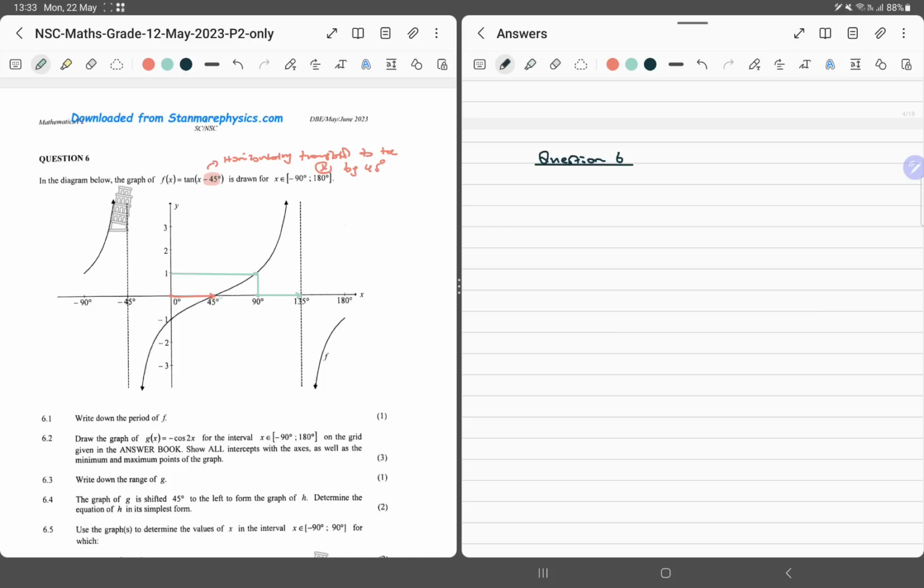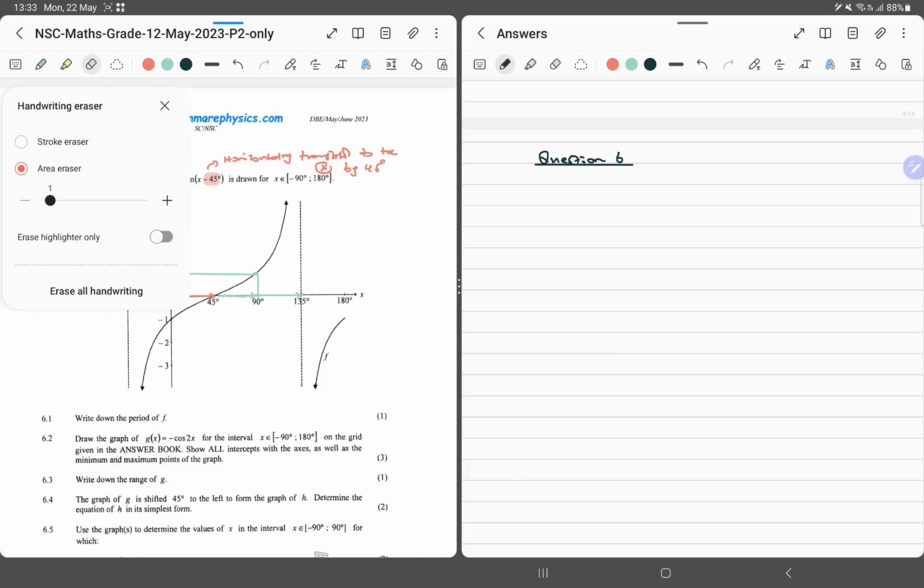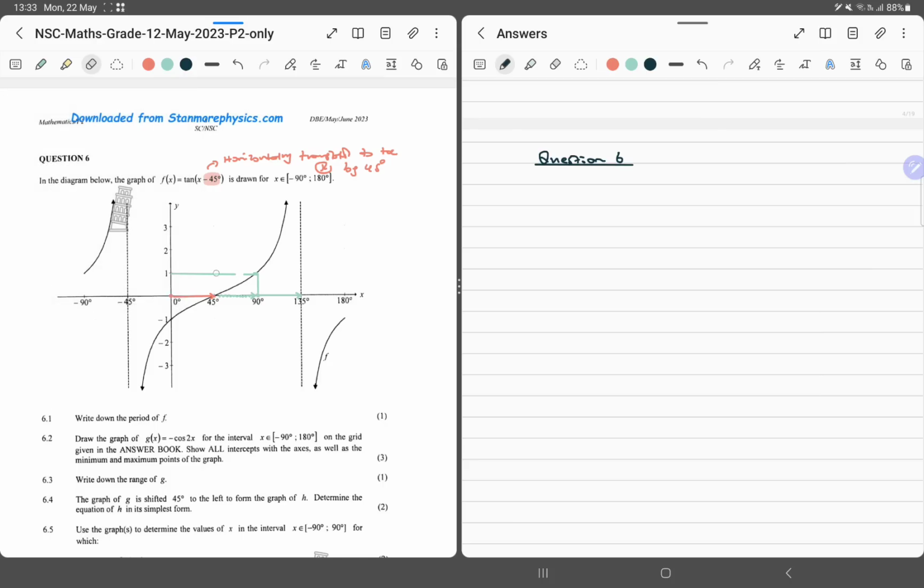But what happened here? This has shifted 45 degrees to the right, because now tan of 90 becomes 1. So there's a lot of things you guys can look at to try and understand a diagram that you are dealing with. I was just trying to point out a few things so that you can understand what happened here.